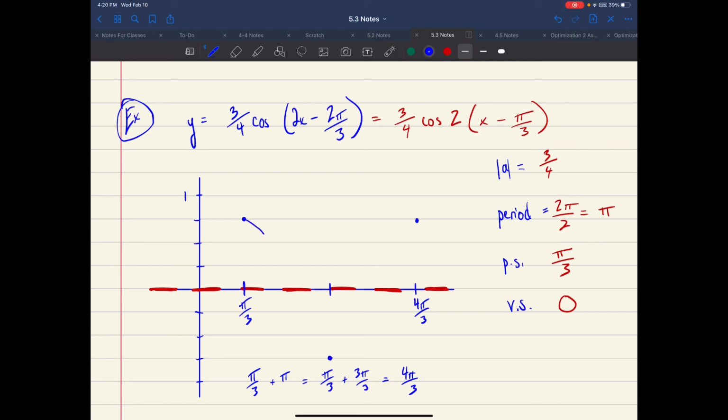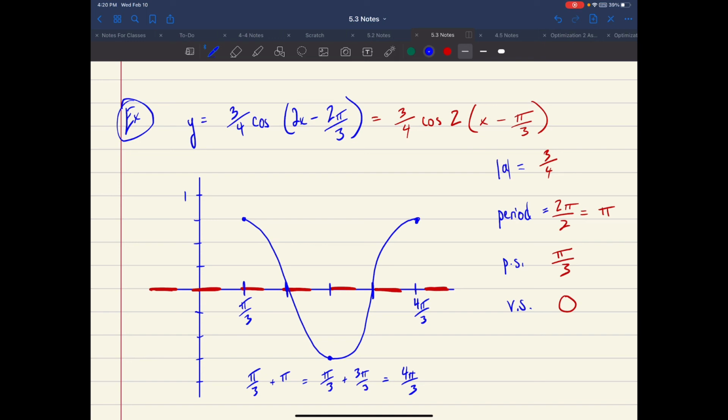And then I can just connect it. Okay. So far, that is what our function would look like.